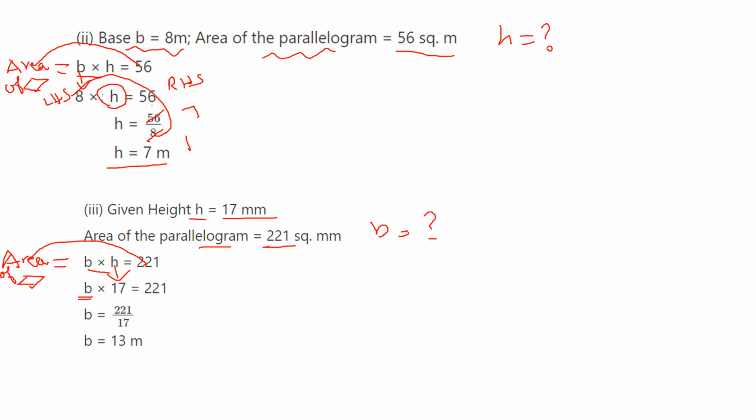Therefore B equal to, 17 will come to the right hand side as divide. So write B equal to 221 by 17. Cancel it. 1 17 is 17, 22 minus 17, remaining 5. Here 51, 3 17s are 51. Therefore B equal to 13 meter. Base 13 meter.